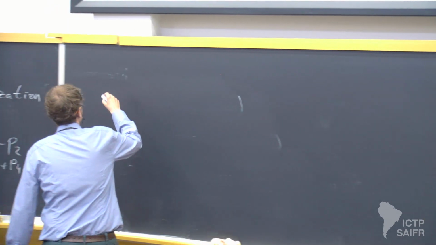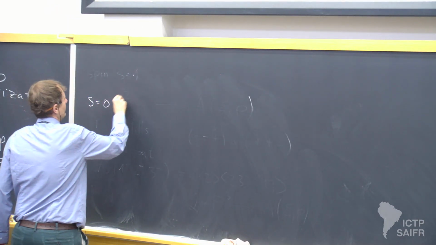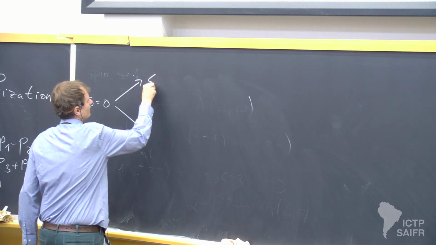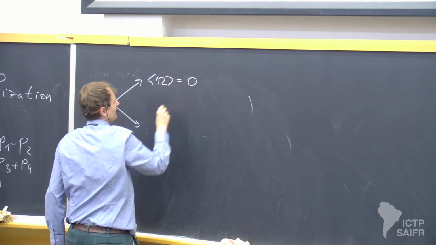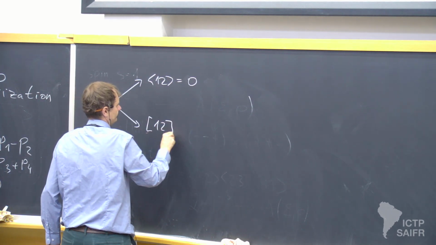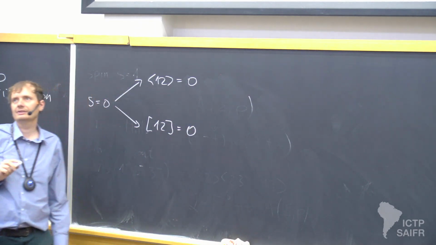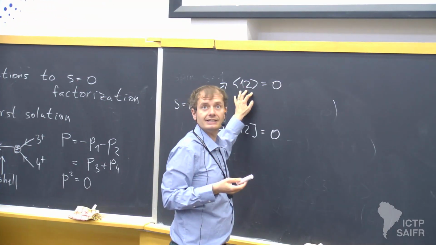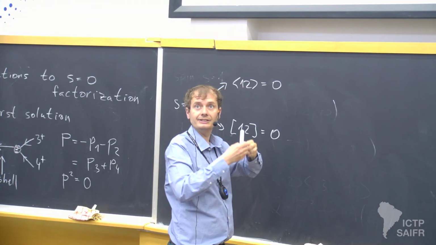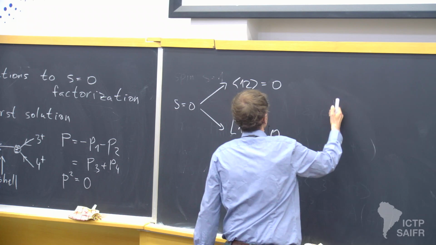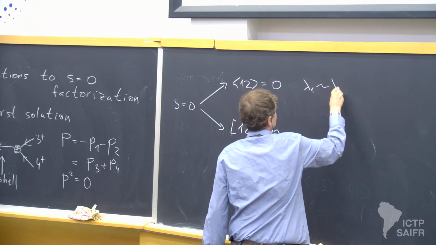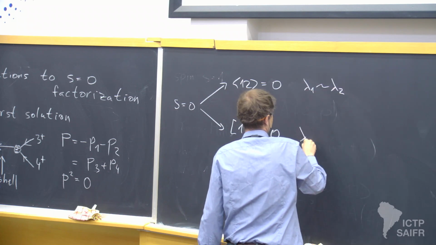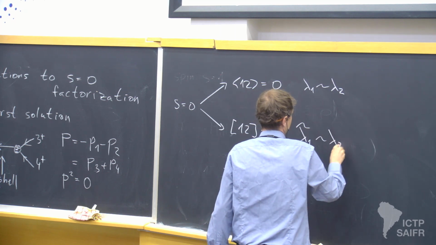So if we set s to 0, we have two solutions: the angle bracket 1 2 is 0, or the square bracket 1 2 is 0. In that case, the 4-point kinematics starts to factorize into two sets. Here it says that lambda 1 is proportional to lambda 2, and here it says that lambda 1 tilde is proportional to lambda 2 tilde.